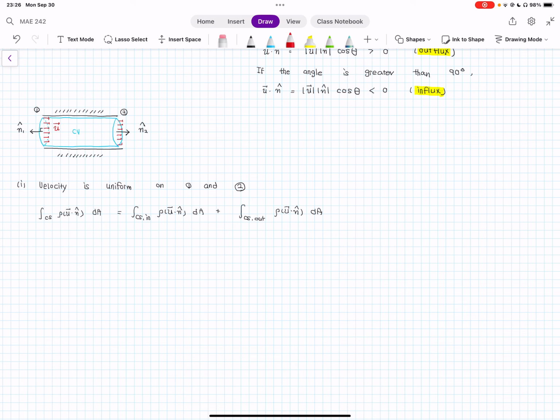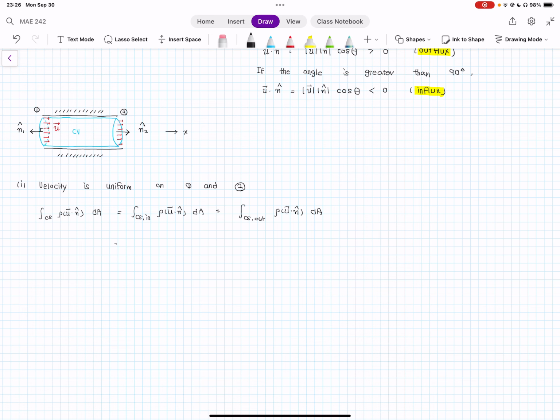Okay. So on surface 1, you see that the fluid goes to the right, whereas the outward normal vector is pointing to the left. This might be clearer if I define the streamwise direction as x. Then to do this integration, maybe I should assume that the density is constant.